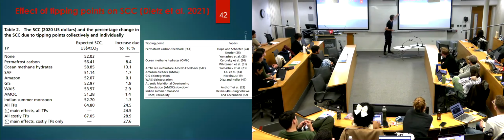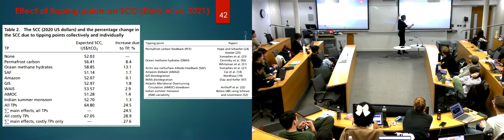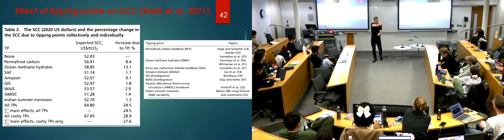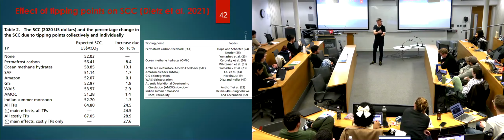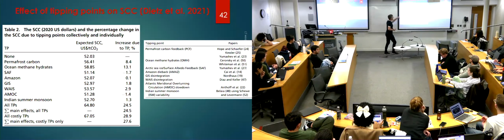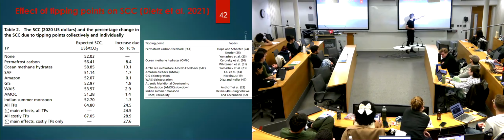Let me think, SAF. No, it's in here. Arctic sea ice, surface albedo feedback. Albedo feedback is that ice reflects light. Now, if it's melted, then you get water. Water is dark and absorbs heat. So once the ice is gone, you warm faster. That is a mechanical thing. So this is not a good thing.